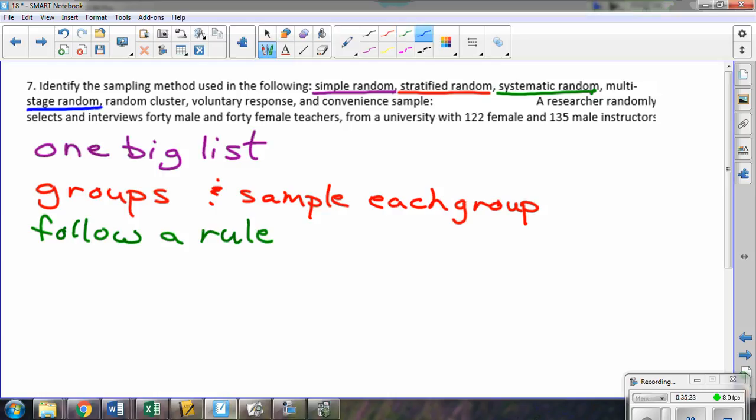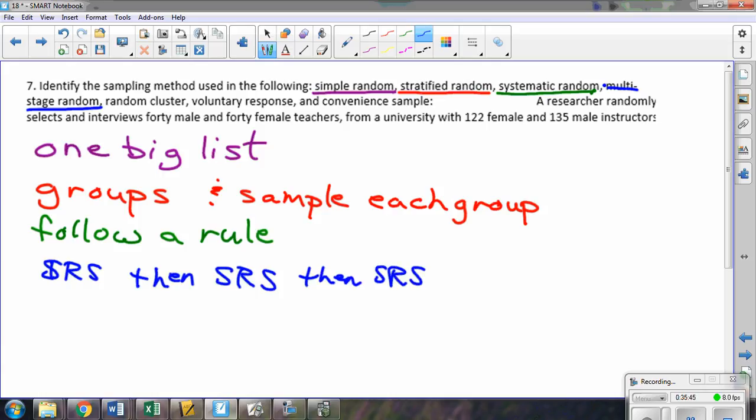For multi-stage random, you would have a simple random sample, and then inside that, you pick another one, and then another one. What you wind up with are picking groups inside of groups inside of groups. For example, randomly pick a state.